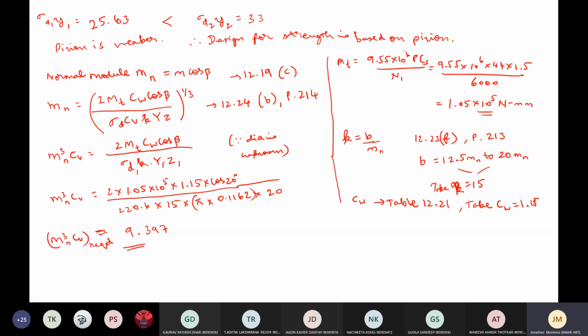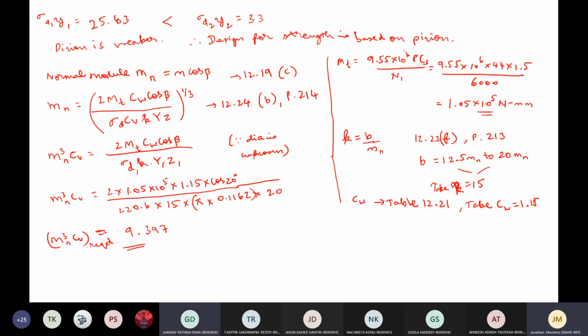In this problem, cos beta is there. I'll have to check with that, students. You have to give me some time, because that particular equation does not have the cos beta factor. We have to understand why that is not given over there.